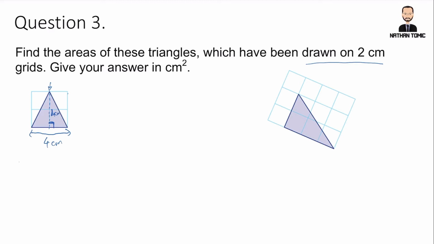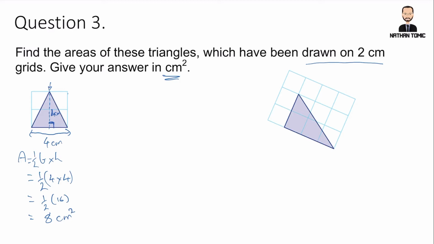Okay, so now area equals half of base times height, which is equal to half of 4 times 4, which is equal to half of 16, of course, which is equal to 8. Don't forget that we are measuring in centimeters squared.